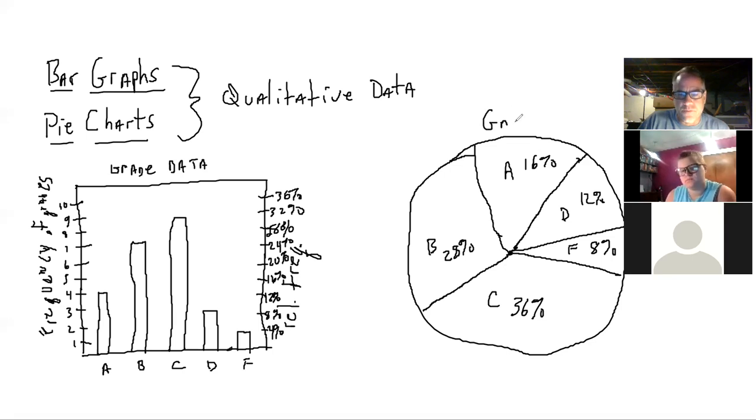You would have a label here, just the same, grade data. But what you don't see on the pie chart is the frequency, just the percentages.